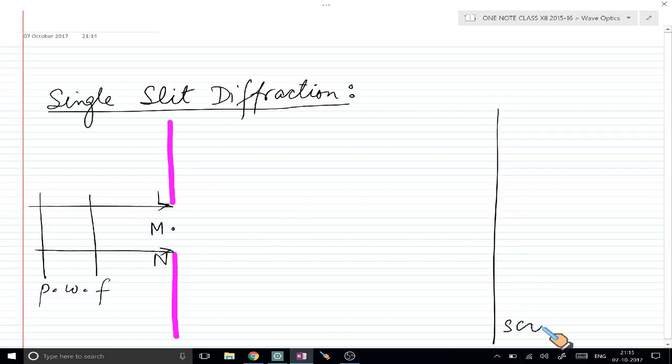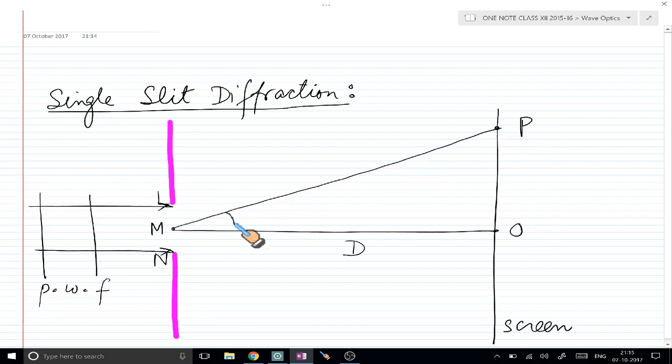We have a screen at a distance capital D. The center of the screen is O. Let us consider a point P making an angle theta at the center M of the aperture.